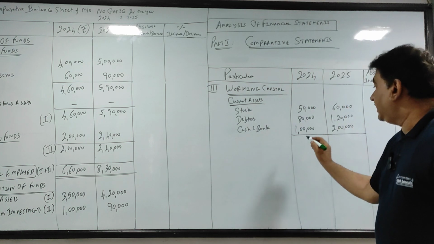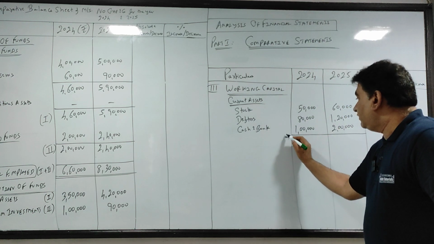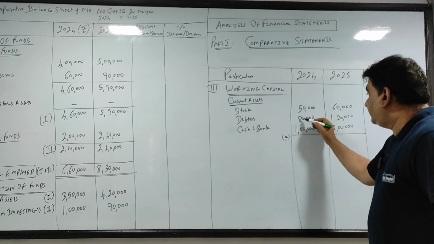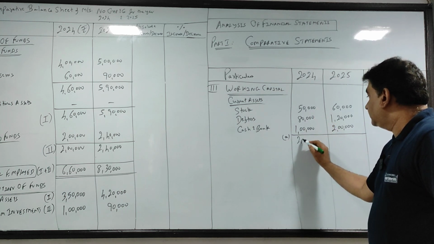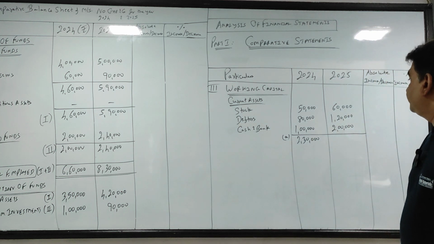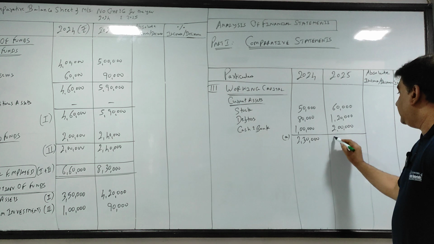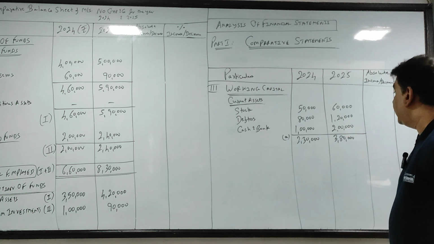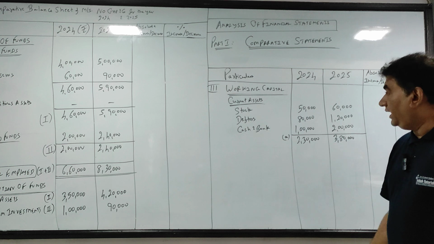So first I'll take the total of current assets. We will call it small a, or capital A, whatever you want. 50, 80, 130. This is 2 lakh 30. 60, 20, 180. 3 lakh 80,000. Got it?